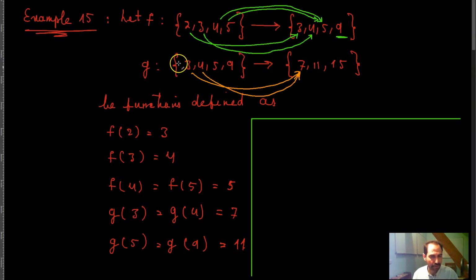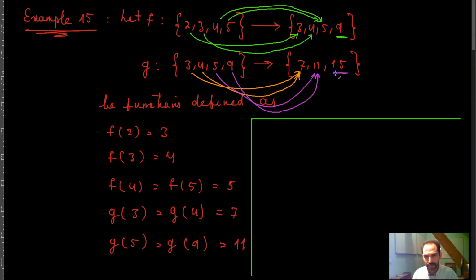And what that also means is that the function g is not a 1-1 function, it's a many-1 function, right? And also g of 5 and g of 9 are both equal to 11, and that is also equal to the same thing over here, right?